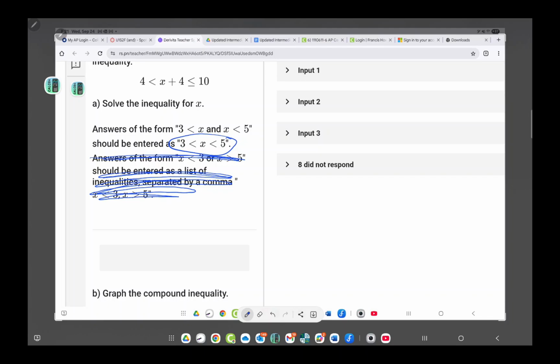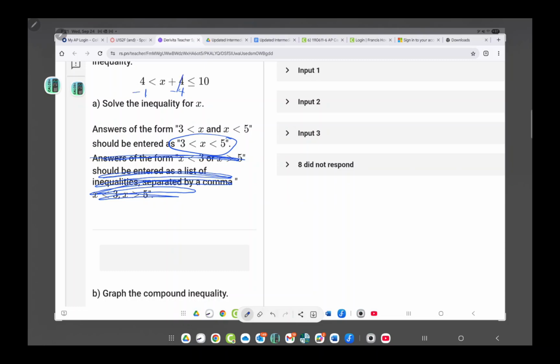So for this, I have to subtract everything by what? By 4. When you subtract everything by 4, that cancels out there.